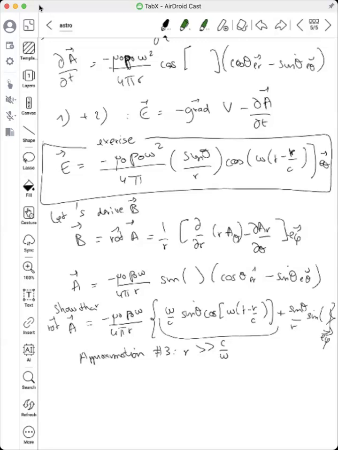So we can keep only the first part, this part.